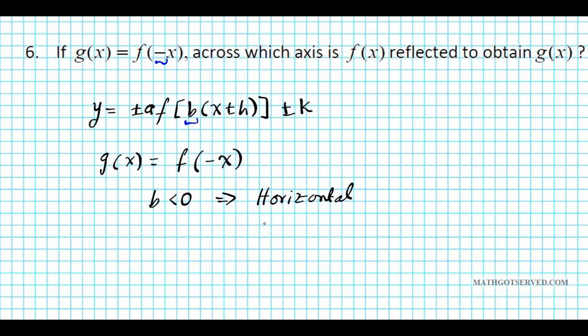Okay? If we have a horizontal reflection, what direction is it? In the direction of what axis? If you reflect horizontally, you're going to go across the y-axis. Okay, so it's going to be a horizontal reflection across the y-axis. Okay, so there goes the answer to the question.